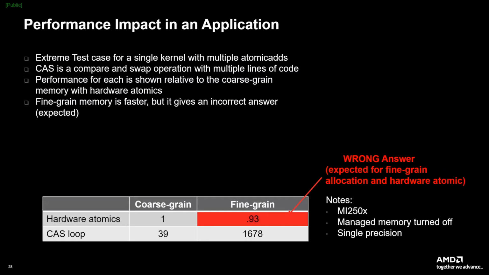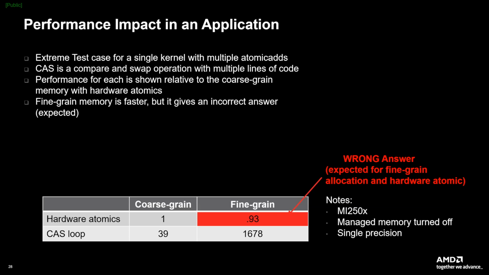So this shows the performance impact in an application that we were working with. It had a lot of atomic adds, and if we used coarse grained memory with hardware atomics, I'm marking that as the base level 1. We can get a little bit faster performance with fine grain and hardware atomics, but of course that's going to give us the wrong answer.